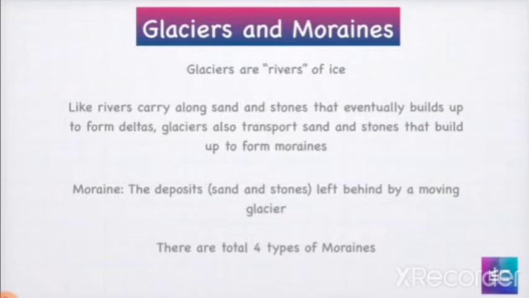Moraines are the deposits of the sand and stones left behind by a moving glacier, and there are 4 types of them.